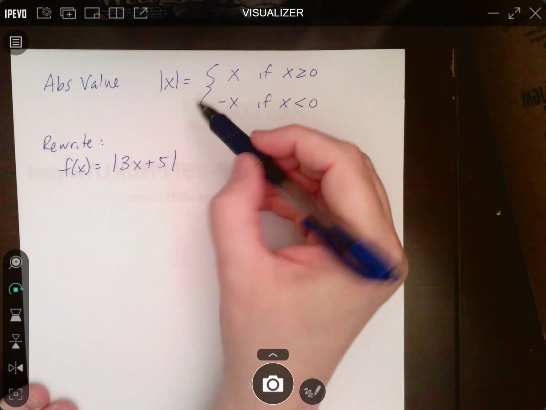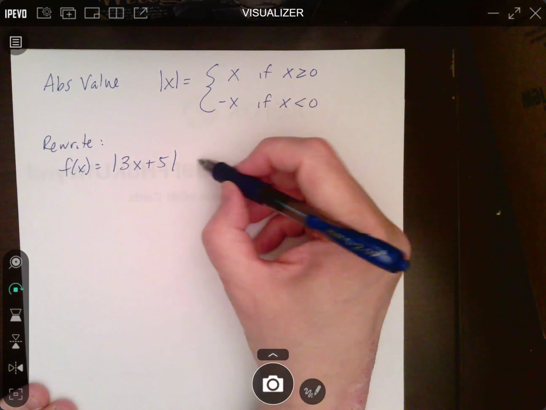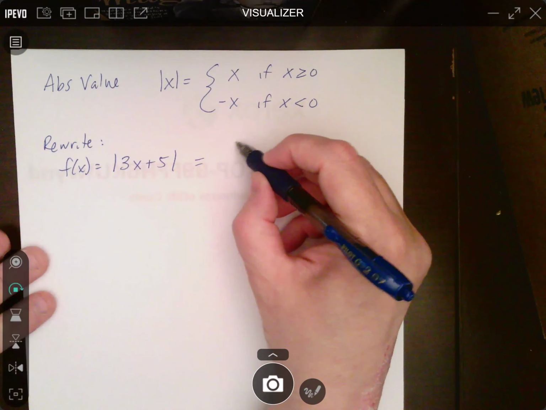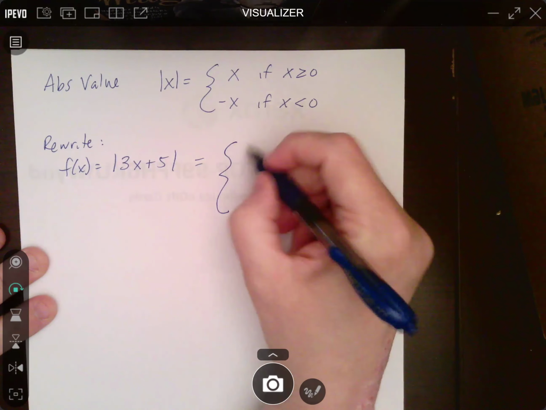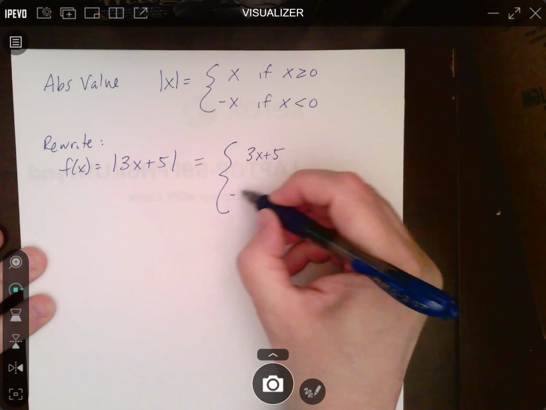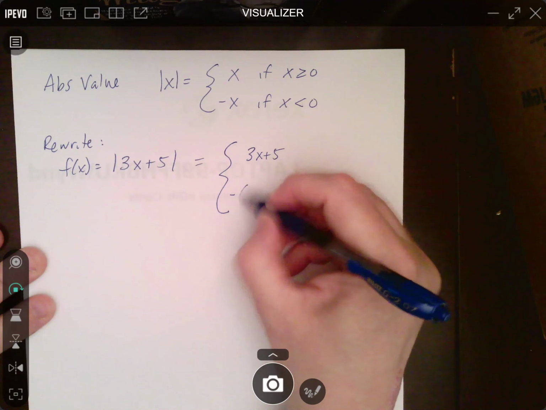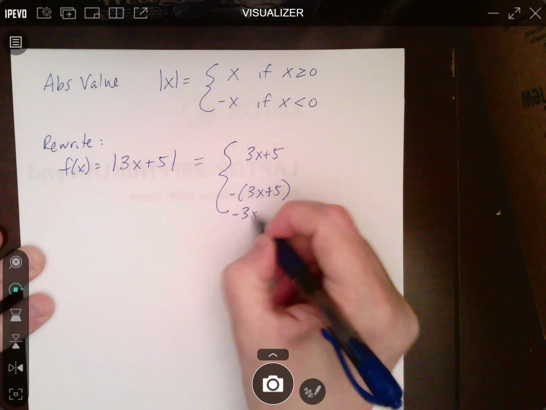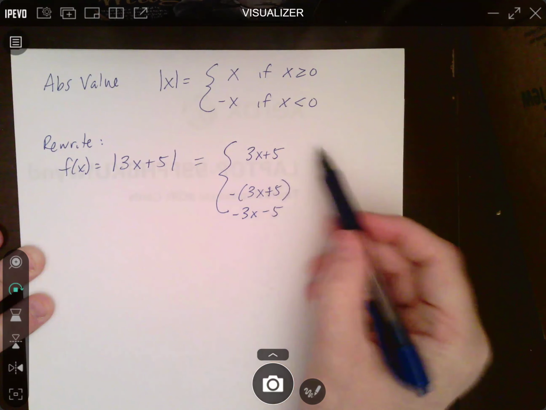We definitely want to say it equals the positive version, 3x plus 5, and it equals the negative version, which is the same as negative 3x minus 5. But where?